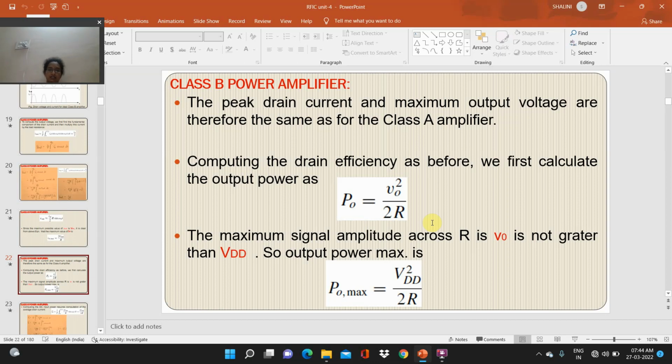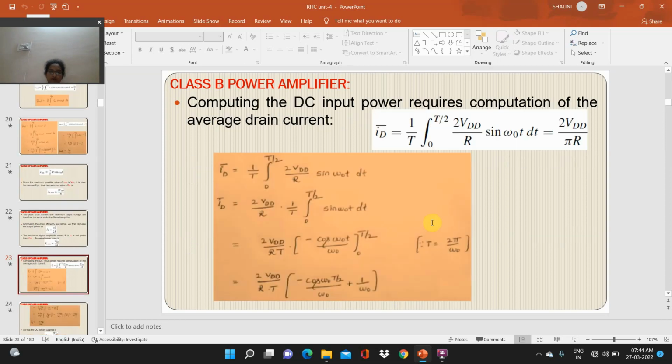Compute the drain efficiency as before. We first calculate the output power as P0 equals V0 square by 2R. The maximum signal amplitude across R is V0, not greater than VDD. So maximum output power, P0 max, is equal to VDD square by 2R.